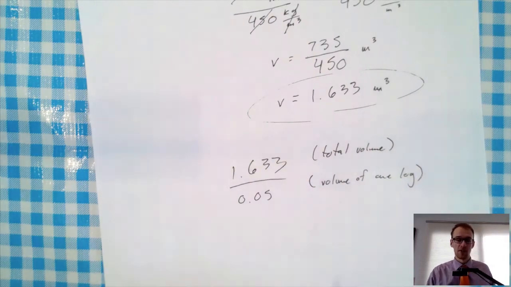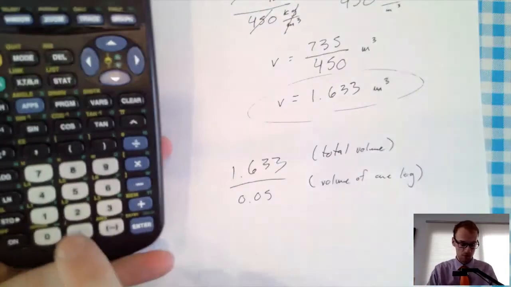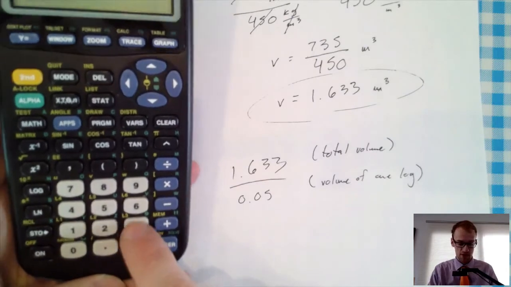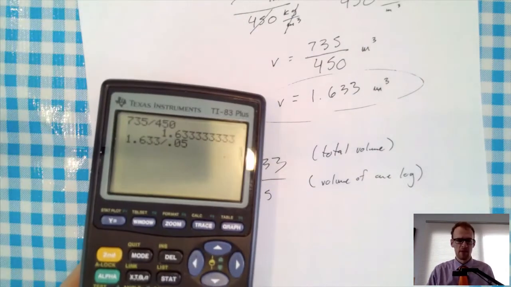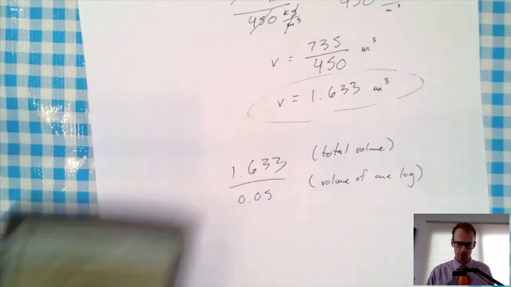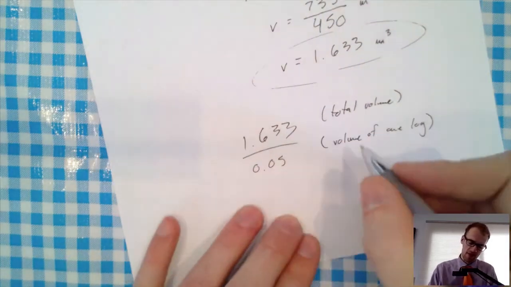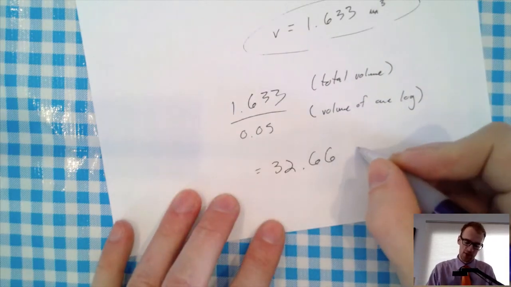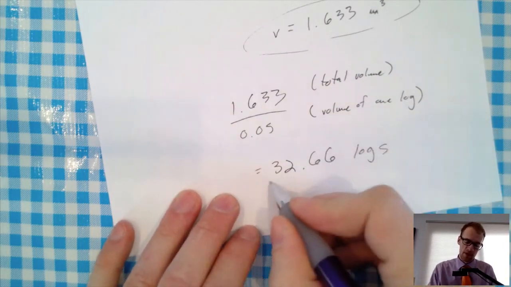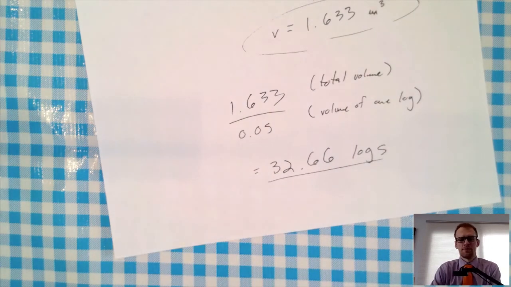If I divide those, 1.633 divided by 0.05, and we get 32.66 logs. That's a lot of logs, but that's the maximum carrying capacity, so I probably would want to put fewer logs than that in there.